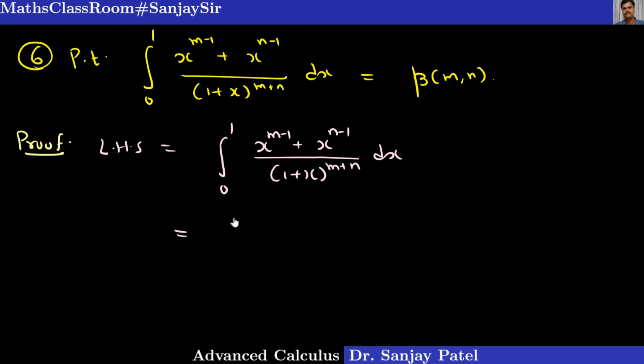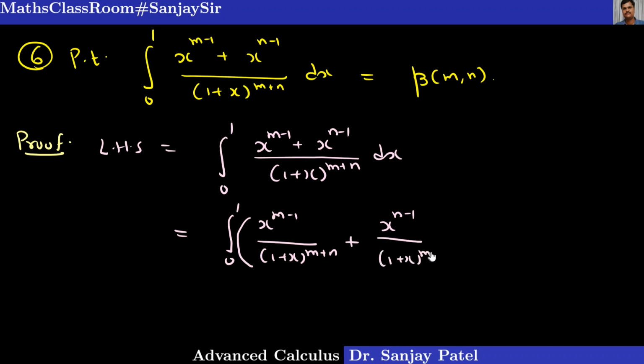Separating this, we will get integral 0 to 1 of x^(m-1) / (1+x)^(m+n) plus x^(n-1) / (1+x)^(m+n), since (a+b)/c equals a/c plus b/c, into dx.